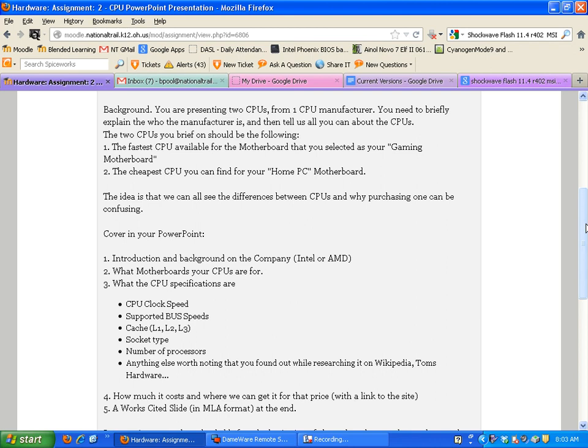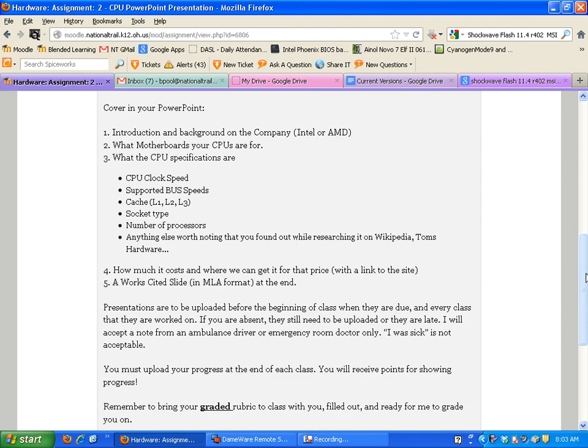The idea is that we're going to see the difference between the different CPUs and why purchasing them can be confusing. So for your PowerPoint, I would like a pretty good background of your company, realizing that we're going to hit 3 people from Intel and 3 people from AMD, and by the time you're done, you should have said relatively the same things. You have to give us a background on the motherboard you're giving us.